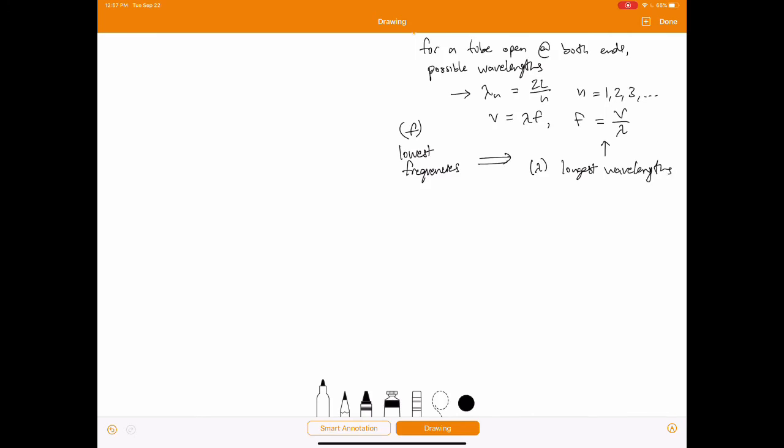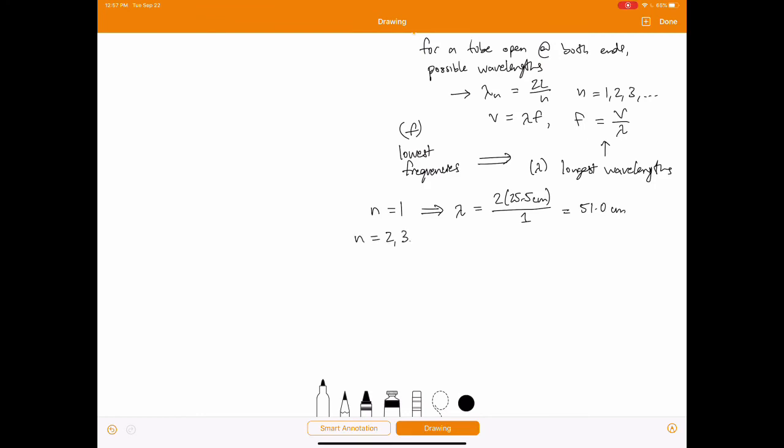So what I have to do here is calculate the 4 longest possible wavelengths, and we'll do that again by using lambda n is equal to 2L divided by n. So the longest possible wavelength is when we plug in n equals 1, in which case lambda is equal to 2 times L, which is 25.5 centimeters, divided by 1, which comes out to 51.0 centimeters.